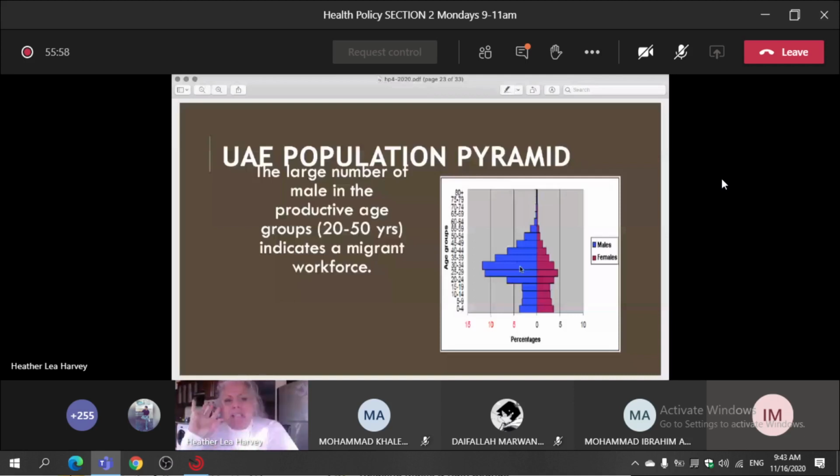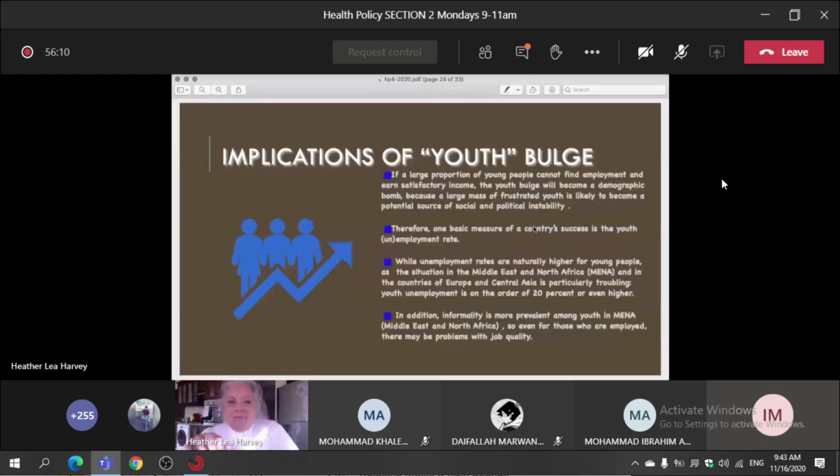So we see this happening, but when they're planning for their health care, they're only having to plan for this small, real population of Emiratis for retirement. Now, we also have something called a youth bulge, and I didn't show this, but you're going to see.